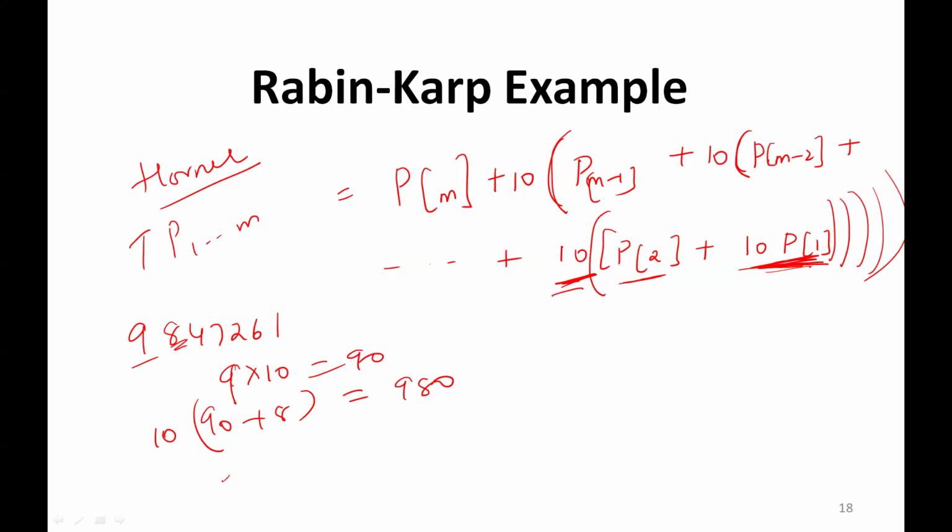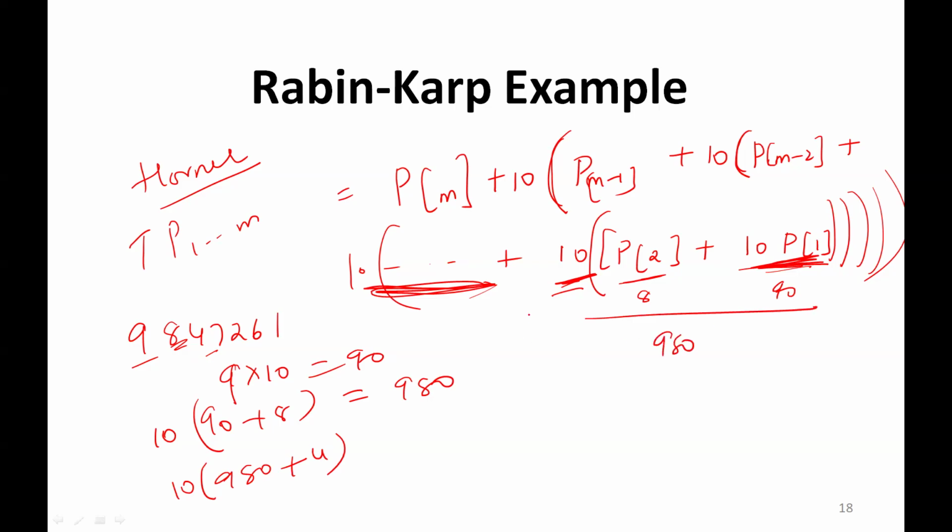Then you take the next one. That will be 980 plus the third number, 4, the whole multiplied by 10. So that is in the outer boundary somewhere here. You'll have another 10 into this. So this will be 90, this will be 8, so the total will be 980. Then next time you'll have 4 here. Then you have 980 plus 4 into 10, so it will be 9840.